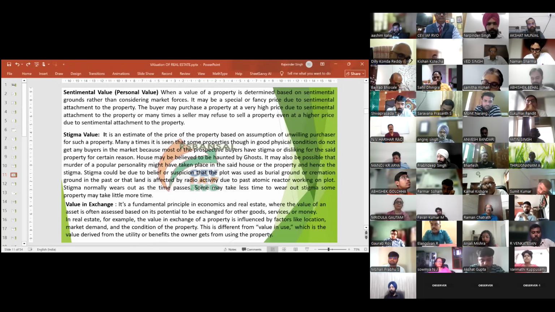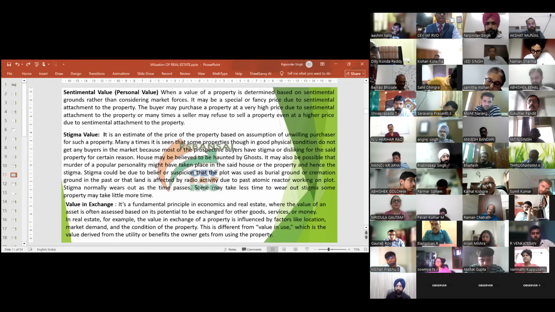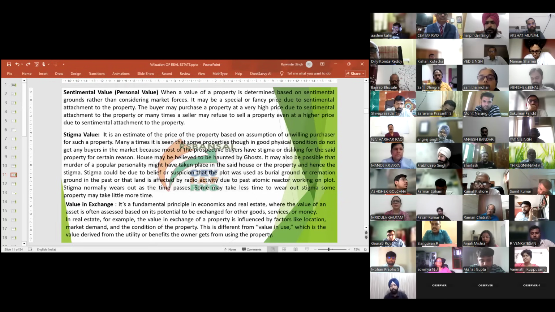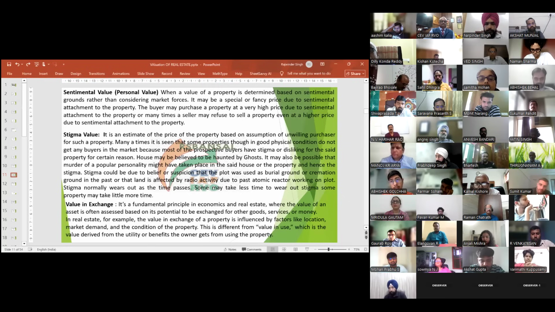Then stigma value. Stigma value is the opposite of sentimental value. So let us suppose the building which you are buying was constructed over land where there are rumors that certain ghosts are living there, or it has been constructed over a burial ground or a cremation ground.